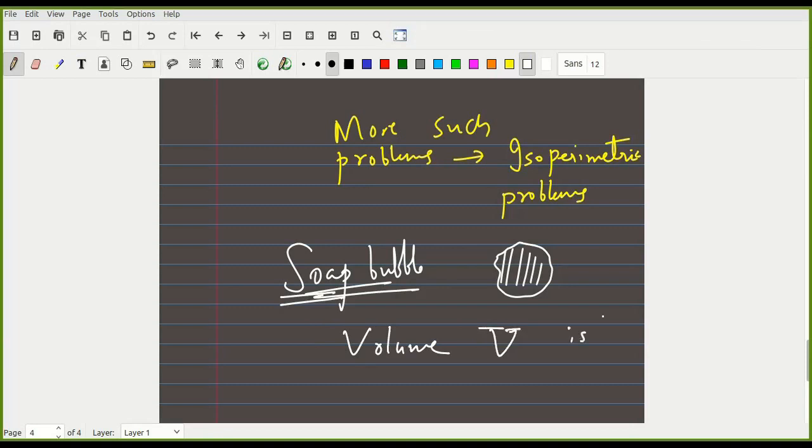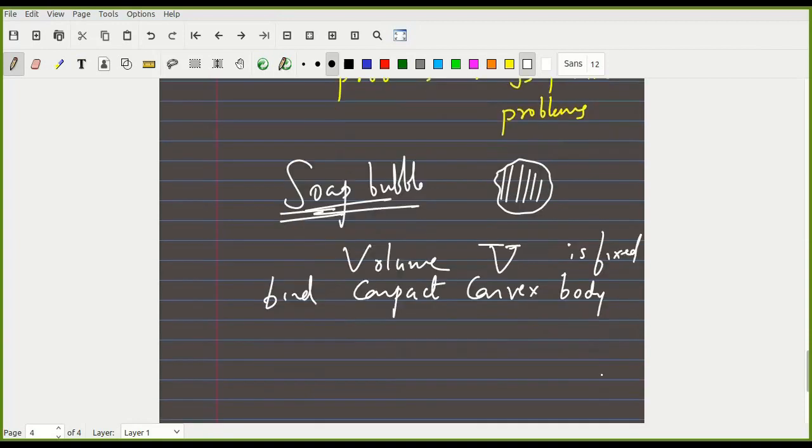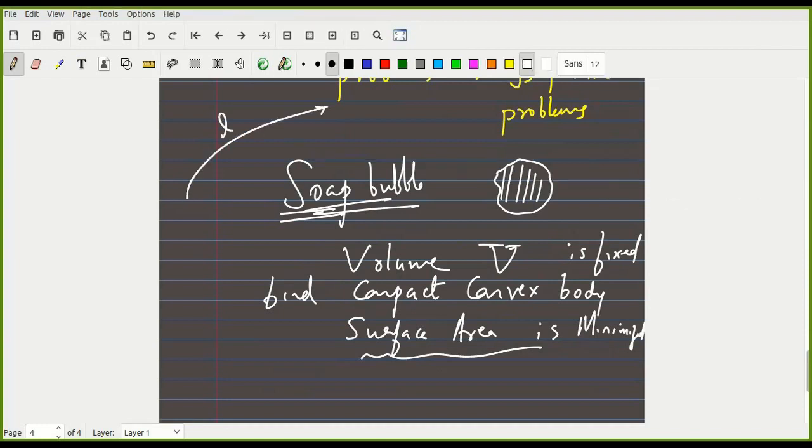Volume V is fixed. Find a compact convex body whose volume is fixed and surface area is minimized. So this is also similar to the isoperimetric problem where we are generalizing whatever we had spoken about length in the earlier problem.